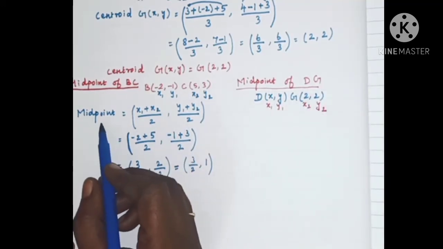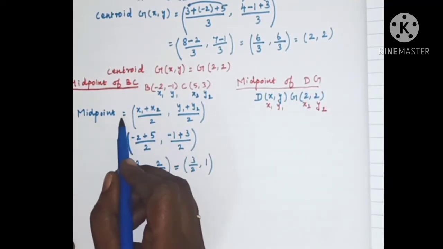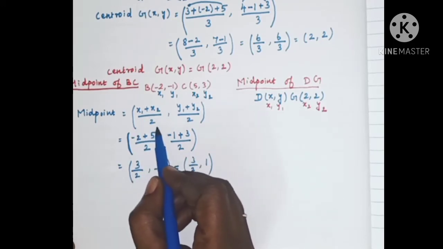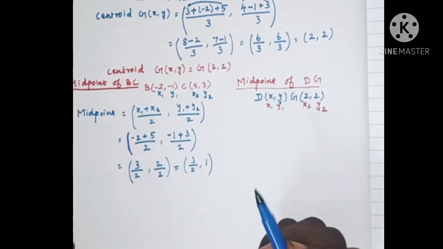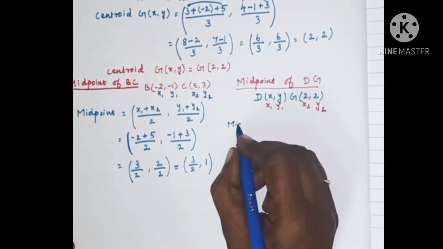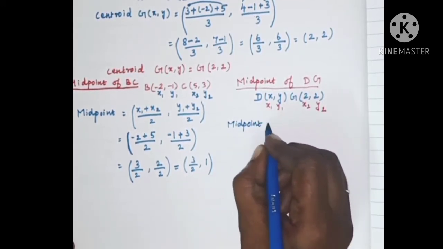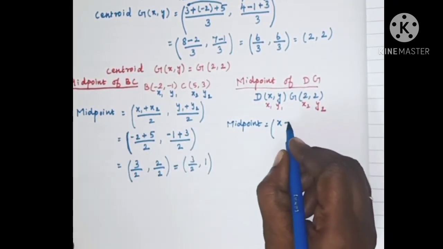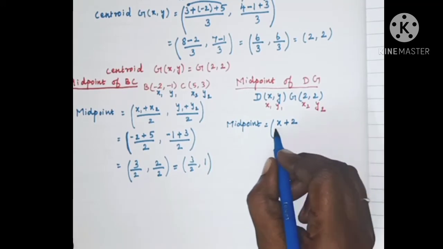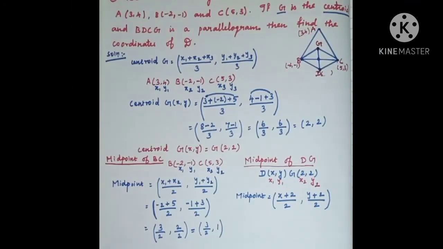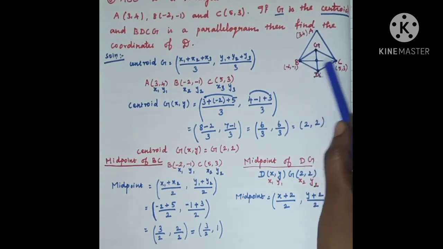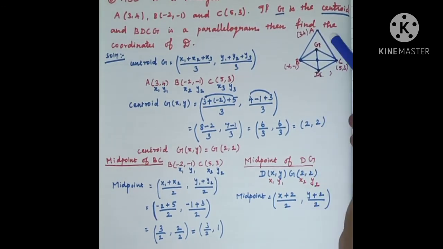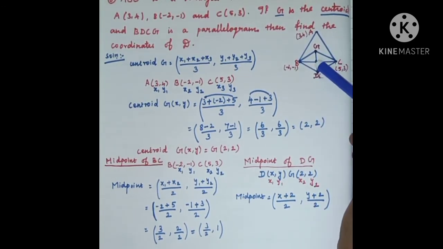You know the formula to find the midpoint. Midpoint is equal to x1 plus x2 divided by 2, y1 plus y2 divided by 2. Therefore the midpoint is, x1 is nothing but x, plus x2 is 2, divided by 2. Now I already told you the midpoint of BC and the midpoint of DG are equal, because the diagonals intersect at the same point.